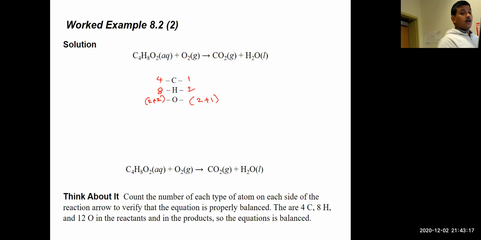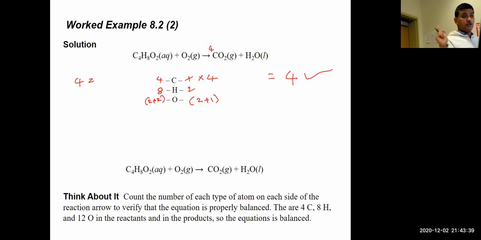So let's start with carbon. Now you have 4 on one side, only 1 on the other side, classic. So if you put 4 there instead of 1, you would have 4 and 4 on both sides. So that's done.